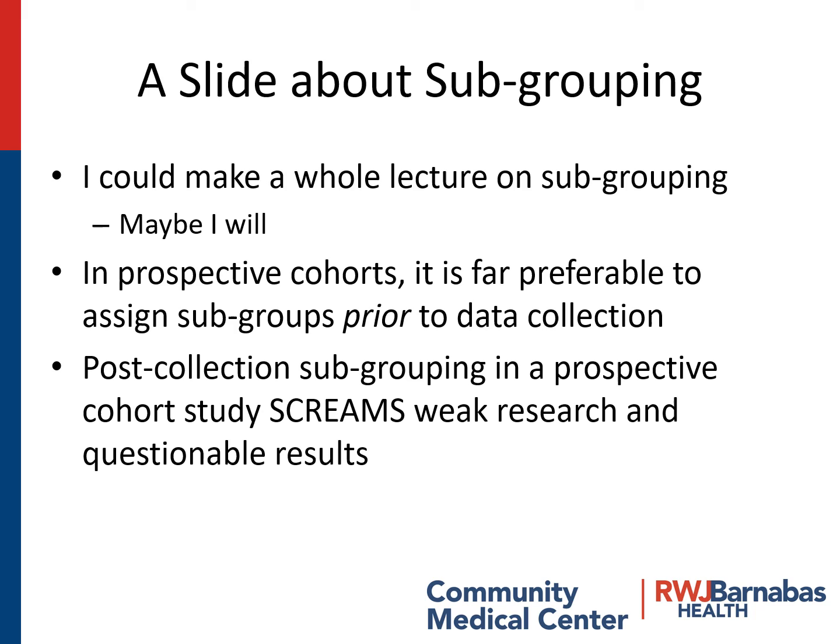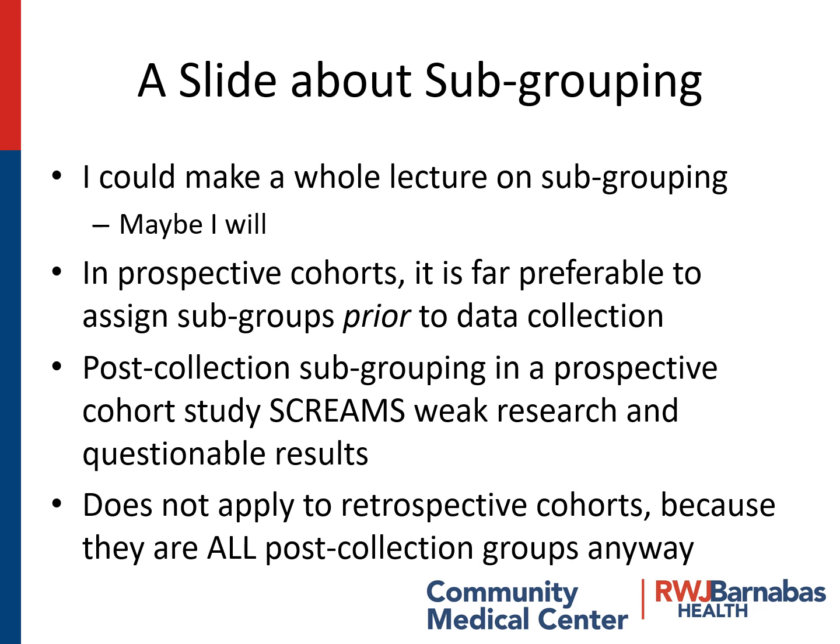If you were taking a previously collected data set and mining it for new data, first of all, that's a retrospective cohort. It's also methodologically just a little bit better, but yes. All right. And remember, retrospective cohorts are all post-collection groups.